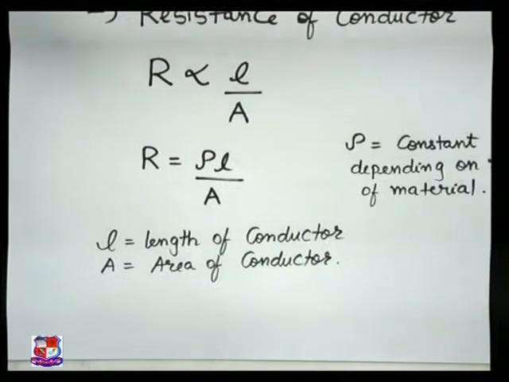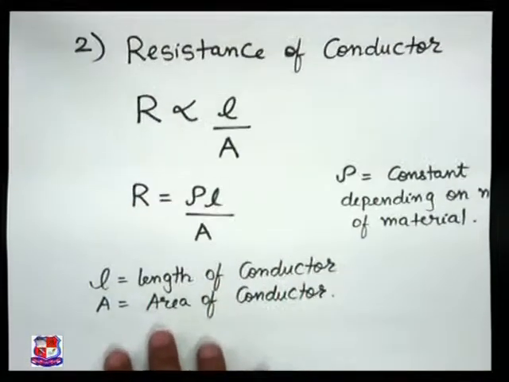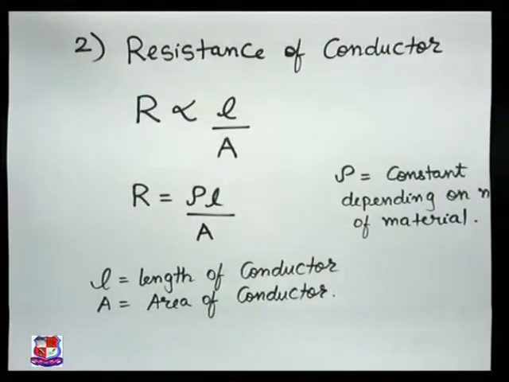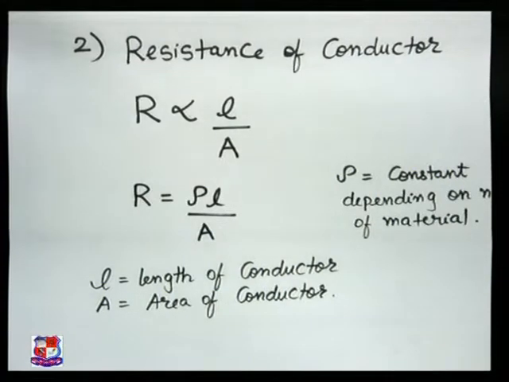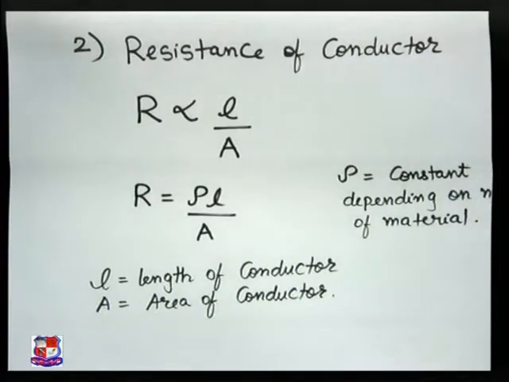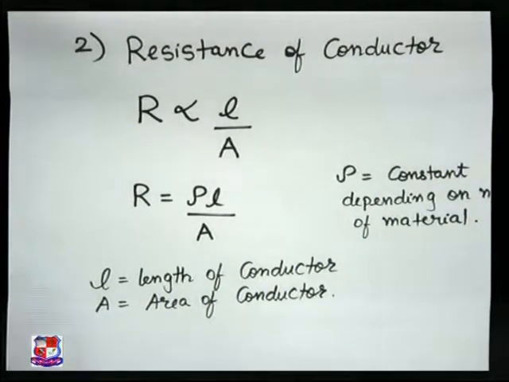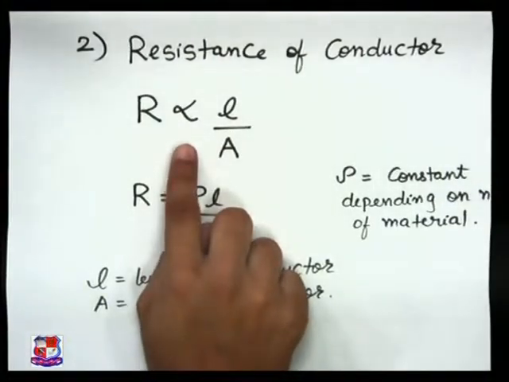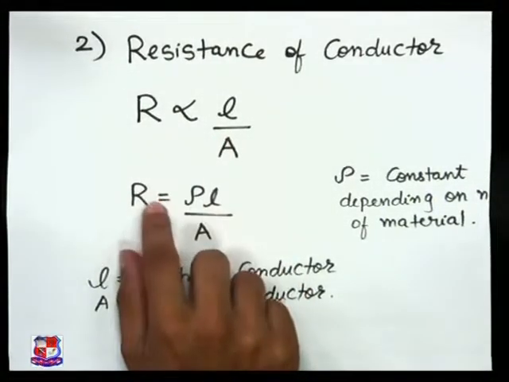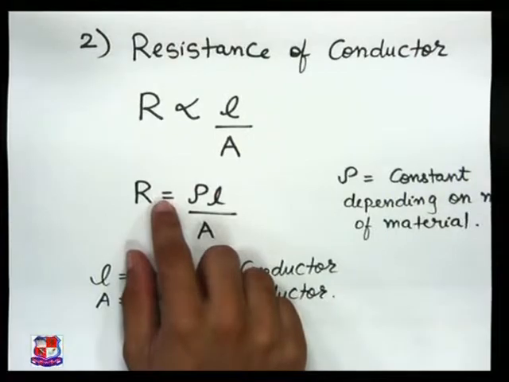Then the second is resistance. How can you see the resistance of the conductor? You know that resistance is directly related to the length of the conductor divided by the area of cross section of the conductor. Suppose I write R varies as L upon A. If I want to remove the proportionality sign, what will I do?